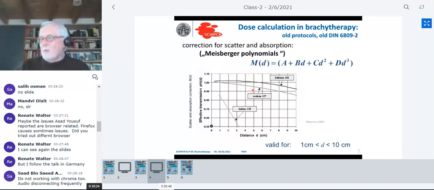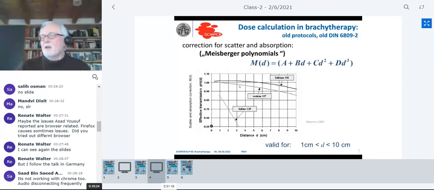What is happening is that the absorption of radiation that occurs in the water, when we go deeper in water, is compensated by additional scatter, which comes from the Compton scatter. So these Meisberger polynomials are very flat in a region of almost up to 10 centimeters. So we have almost no dependence on depth.